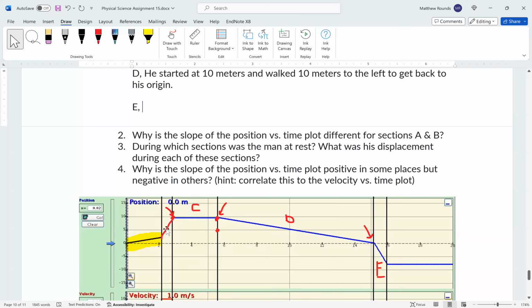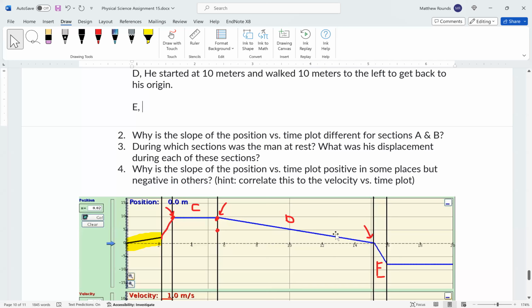Okay. Well, you've got to tell me what you see on the graph. I see him starting at 0. He walks to 2.5 meters. How do you know that it's 2.5 meters to the right? What tells you that? Okay. So if it's above the x-axis, that's to the right. Yeah, his position's to the right. So once he gets back here, he's now moving left because he's below the x-axis.